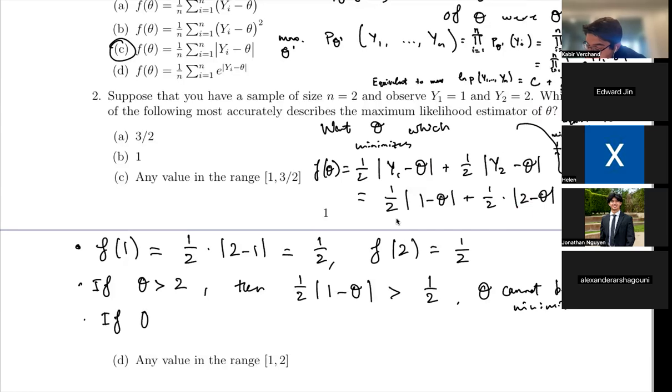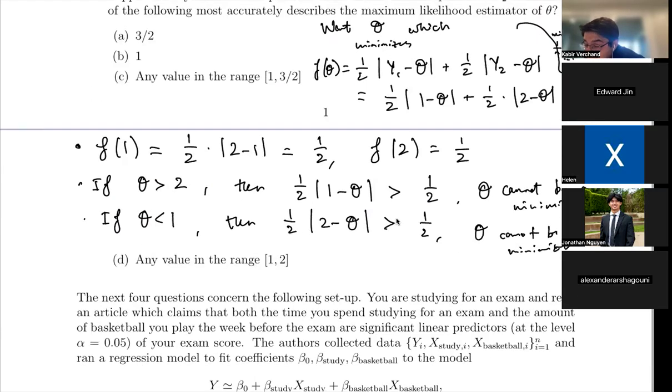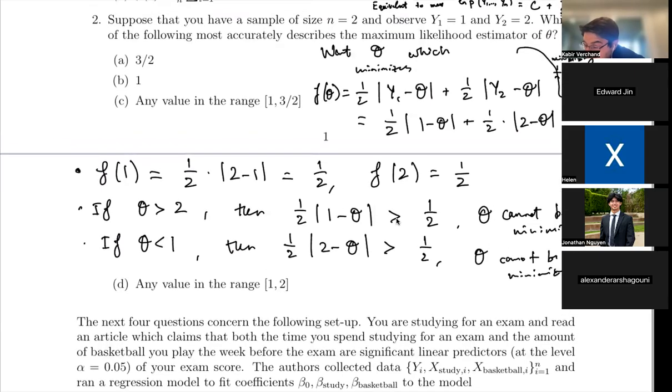On the other hand, if theta is less than 1, then 1/2 times 2 minus theta is greater than 1/2. So theta cannot be a minimizer, which means theta has to be between 1 and 2.